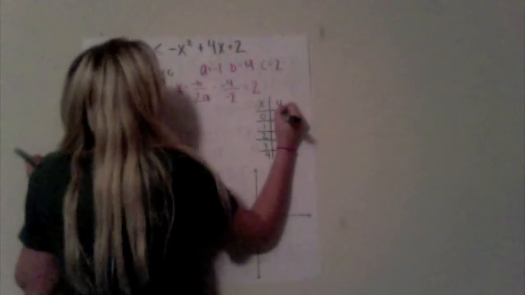When x is 0, y is 2. When x is 1, we have -1 plus 4 plus 2, so y is 5. When x is 2, we have -4 plus 8 plus 2, so that means y is 6.